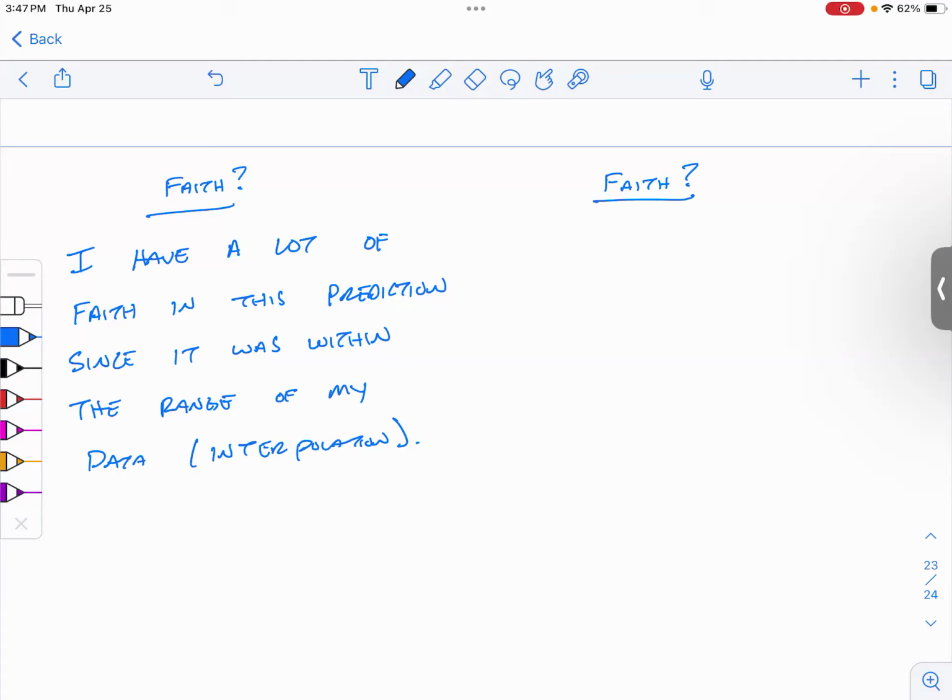And that is called interpolation when it's within the range. Not important. In the range, lots of faith. For the other prediction, I have very little faith.